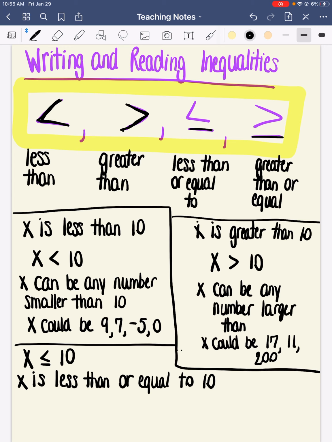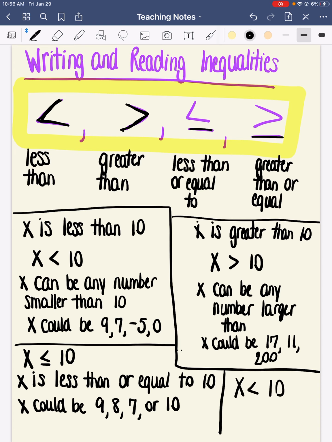So for this problem, x could be 9, 8, 7, or this time it could be 10 because we have that equal sign underneath of there. Another point to add is that if I were to write x is less than 10, that would be the same thing if I wrote it this way. I can write it either of those ways and it actually means the same thing.